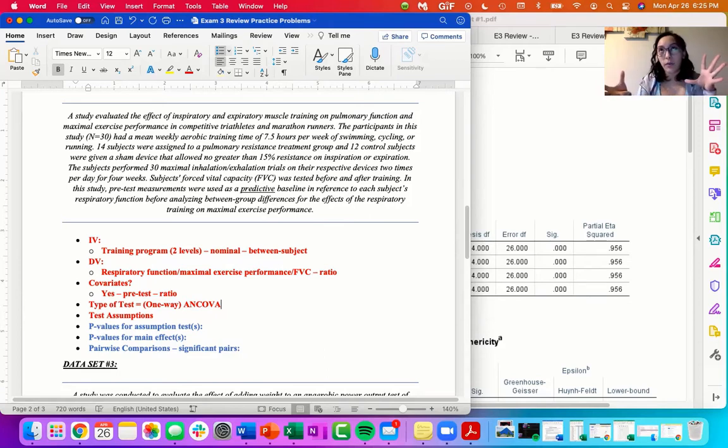So in that one, it's like a one-way MANOVA. I don't remember what the samples are, but in cases where you have two levels only, but you're introducing a covariate or you have multiple dependent variables, you have the choice to do an ANCOVA, or in the case where you have multiple dependent variables, you have the choice to do a MANOVA.